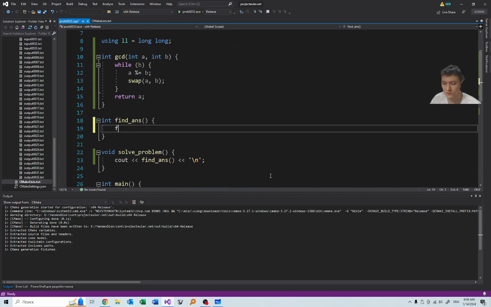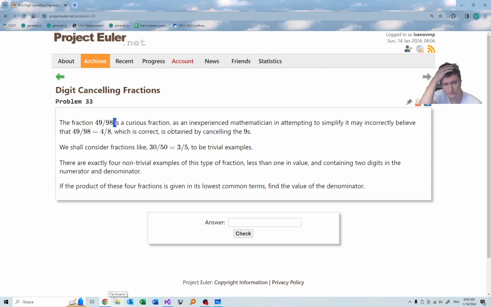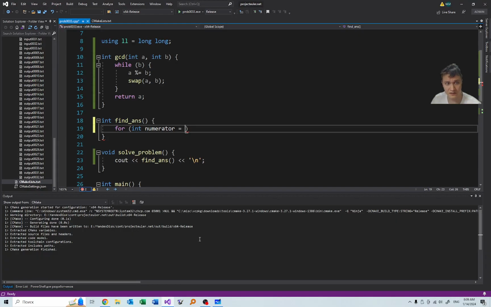How to do it? Let's iterate over all possible numbers. Let's start with the numerator. It's easy to see that you simply need the numerator to not be divisible by 10. It is enough.